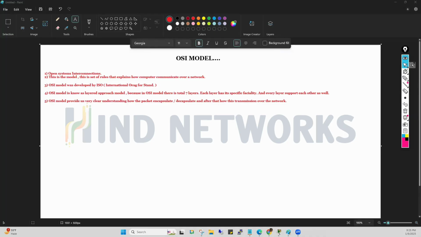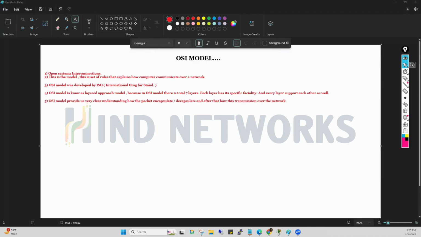Why? Because nowadays every vendor is following the standardization process. So that's the reason nowadays we are able to make communication possible between different protocols and different vendors. Clear, guys? I hope you understand.